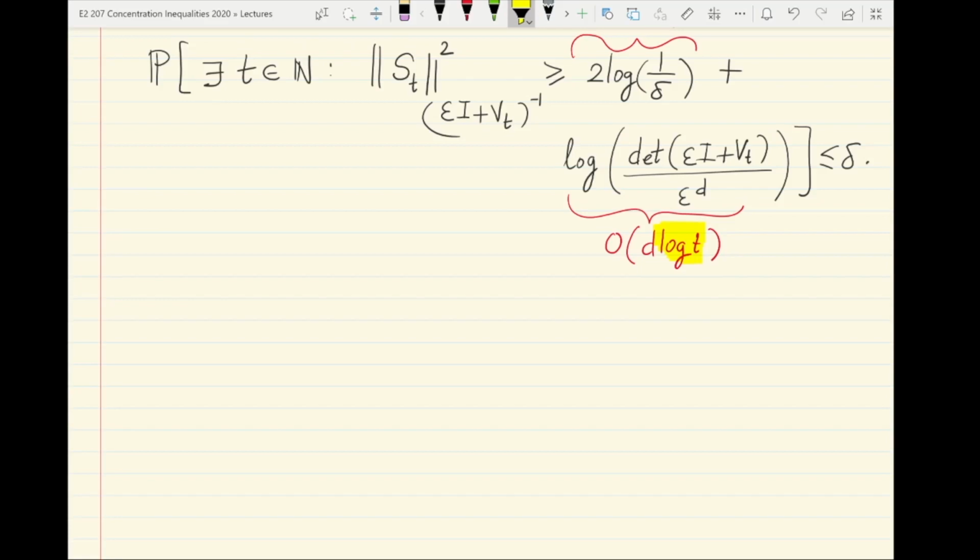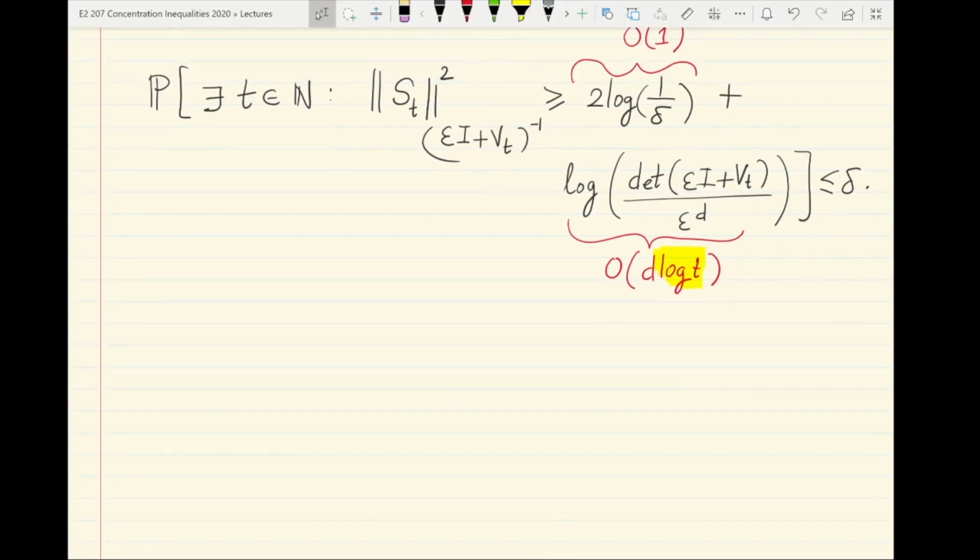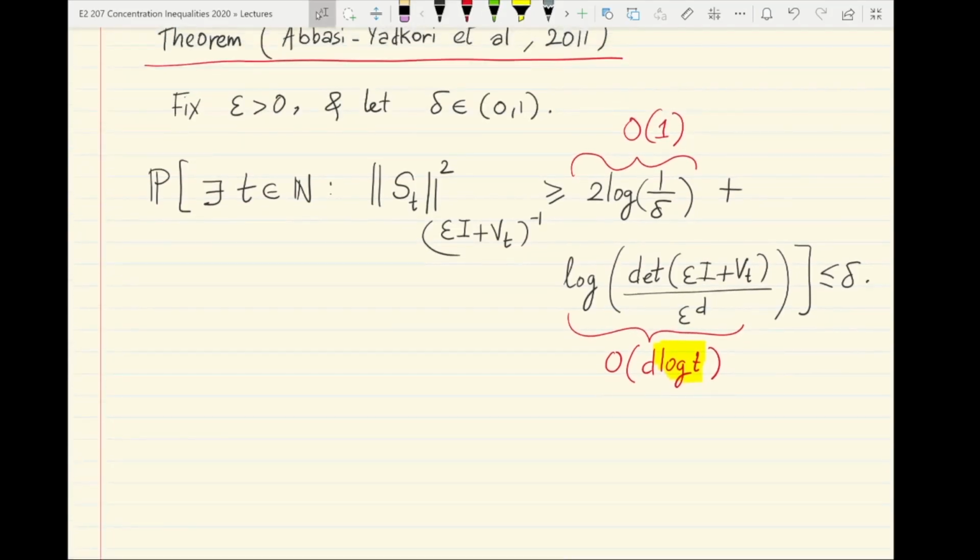This is in some sense the price of being able to uniformly control an adaptively obtained estimate, a function of a stochastic process. And you could think of this as not too large a price to pay. It just scales logarithmically with the number of time steps here. So but for a small blow up, you get exactly uniform deviations.